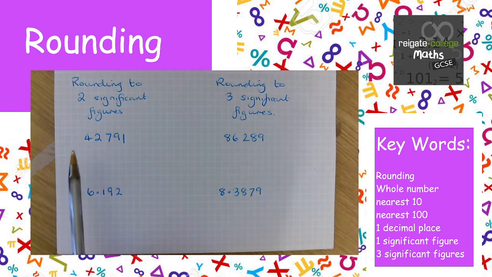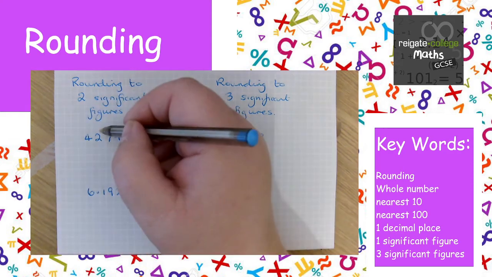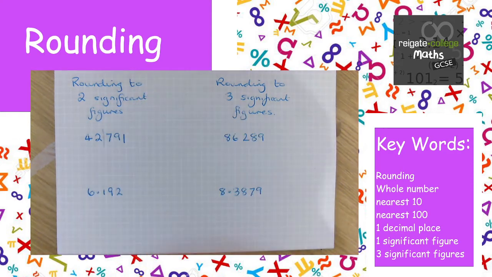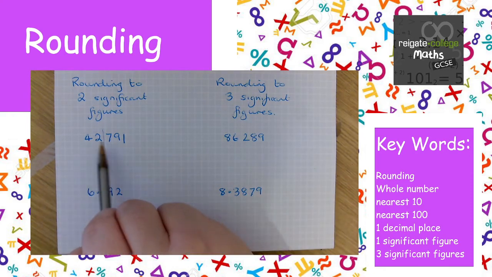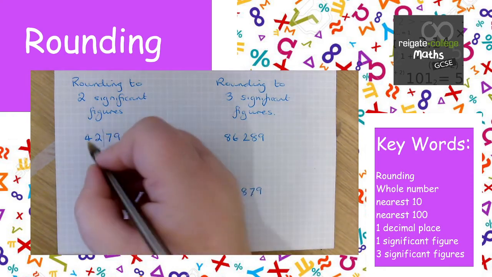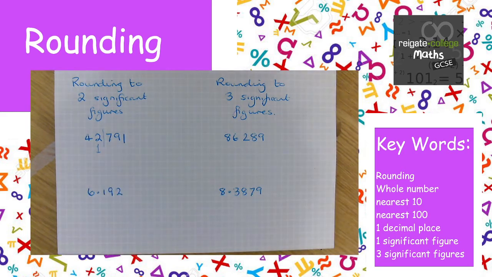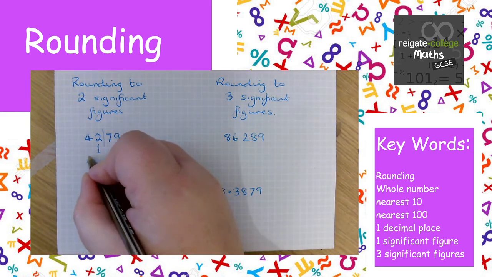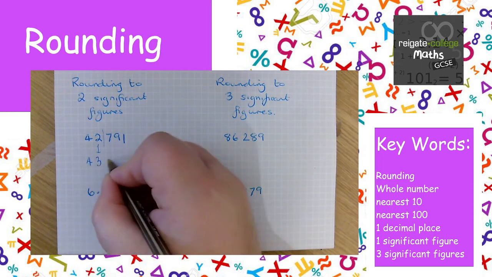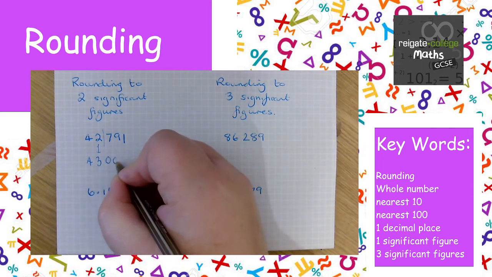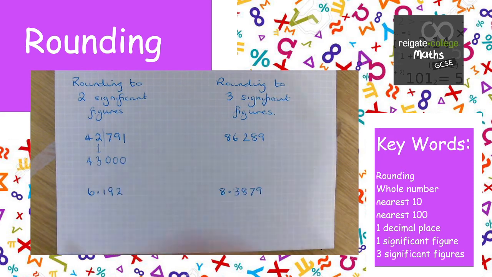I count from the left 1, 2 figures. That means this is the point at which I'm rounding my number. Does the 7 have an effect on the 2? Yes, it does. Add 1 to that column. 43, returning the last 3 digits to zeros. My number rounds to 43,000.